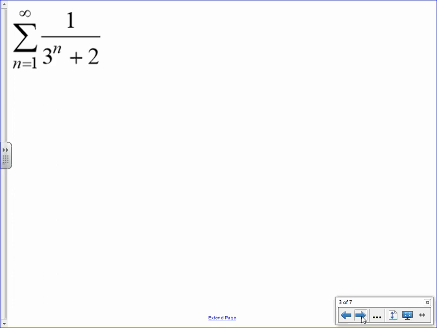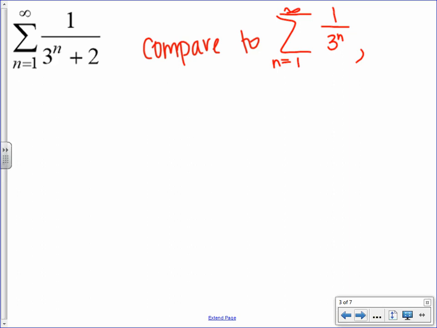Okay. So this is very, very close to what series? Okay. So we're going to say, let's compare to the sum from n equals 1 to infinity of 1 over 3 to the n, which is a convergent geometric series.